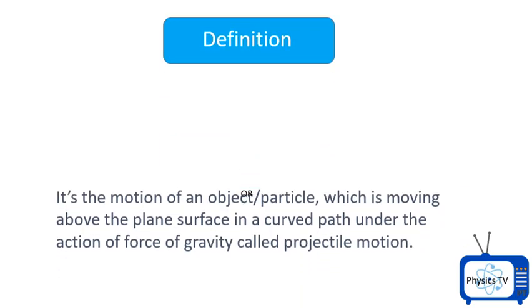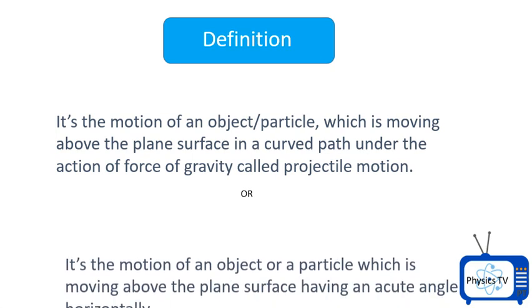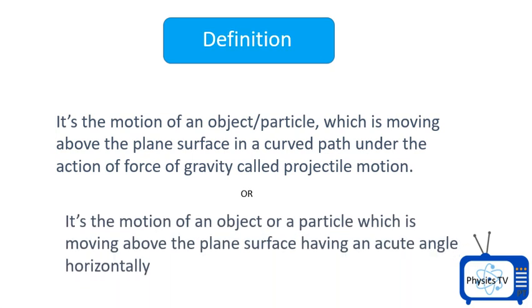Dear students, as you have observed in the video, an object or particle is moving above the plane surface. Here this plane surface concept is very important to understand well. As you observed in both examples, both athletes were standing on the ground, but the arrow was moving above the plane surface, not on the ground surface.